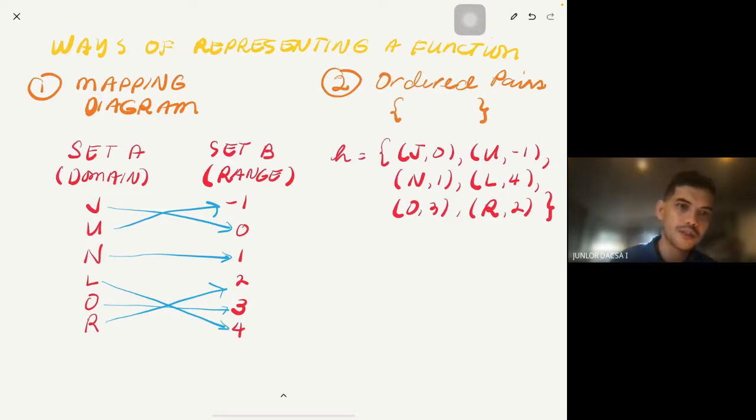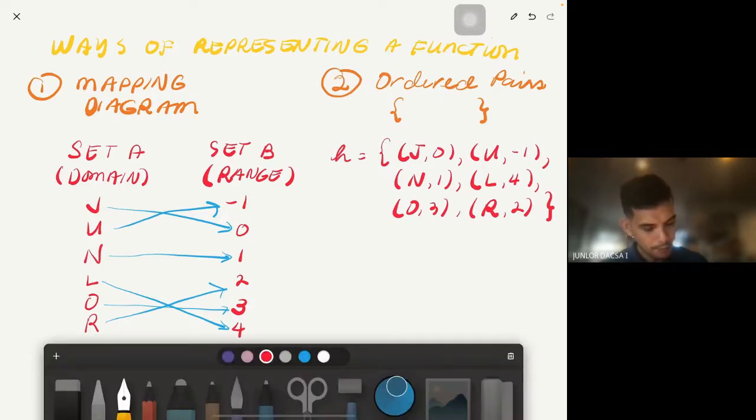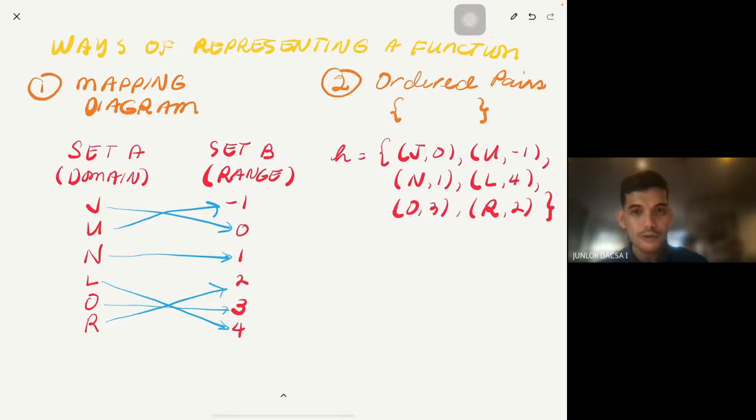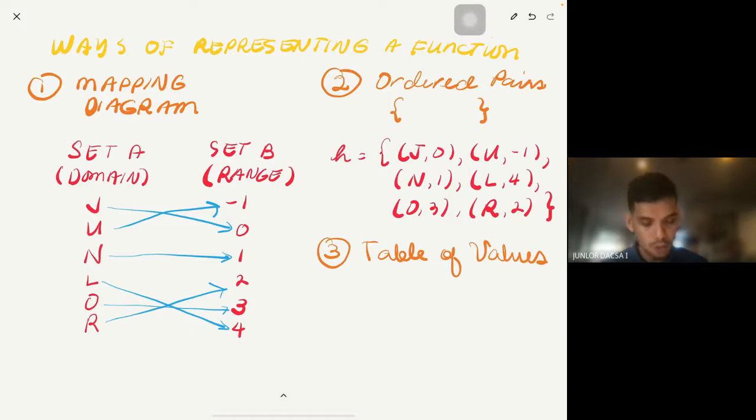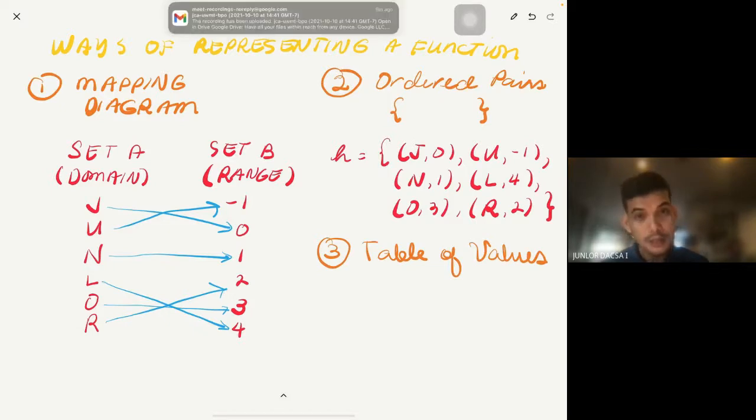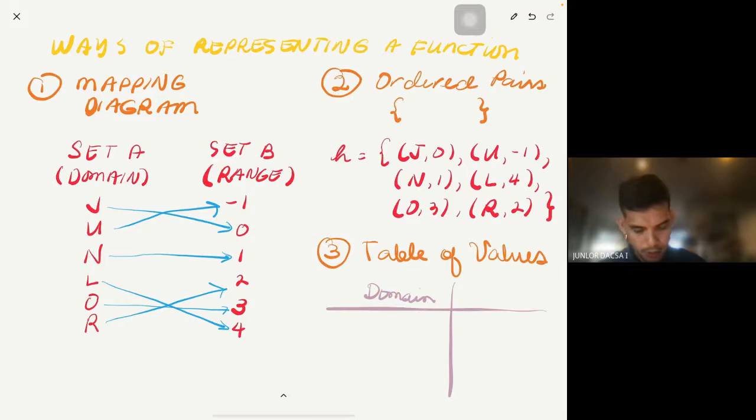Again, one, through mapping diagram. Second, through ordered pairs. We can also represent a function through table of values. Okay, table of values. So sa table, may dalawa tayong column. So yung first column is the domain, and the second column is the range.